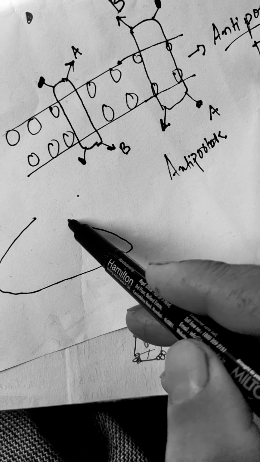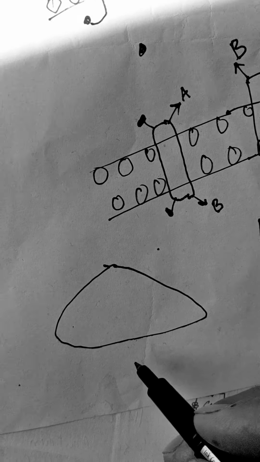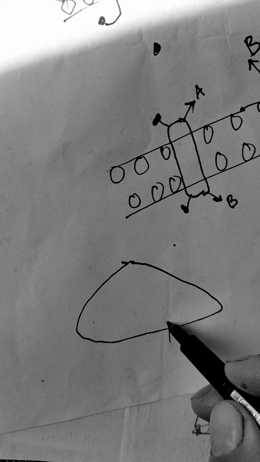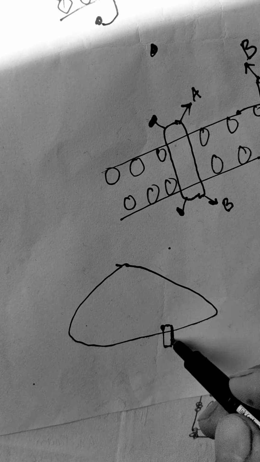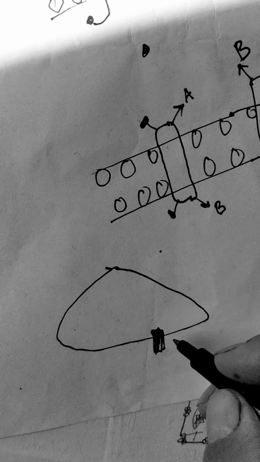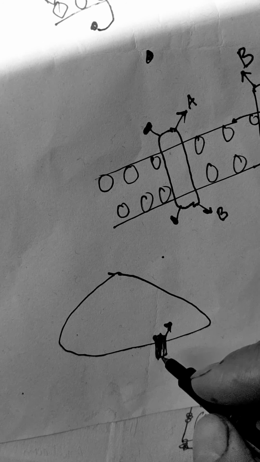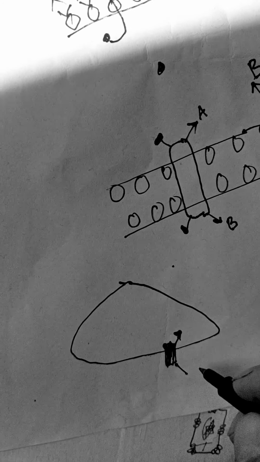a protein. That protein is a very special protein. This is the plasma membrane. You see, this is the transmembrane protein. This kind of protein actually receives a molecule.